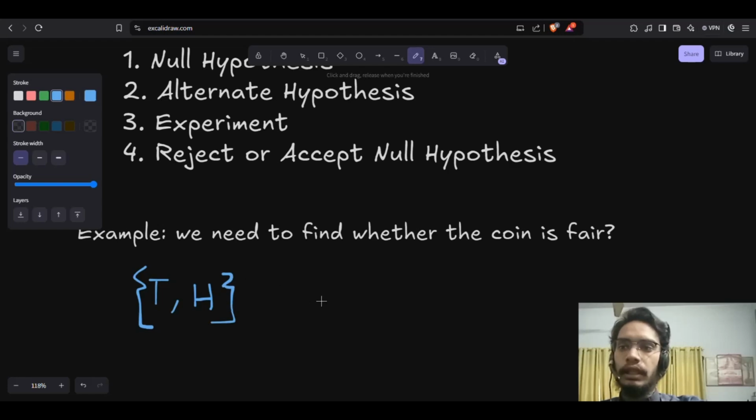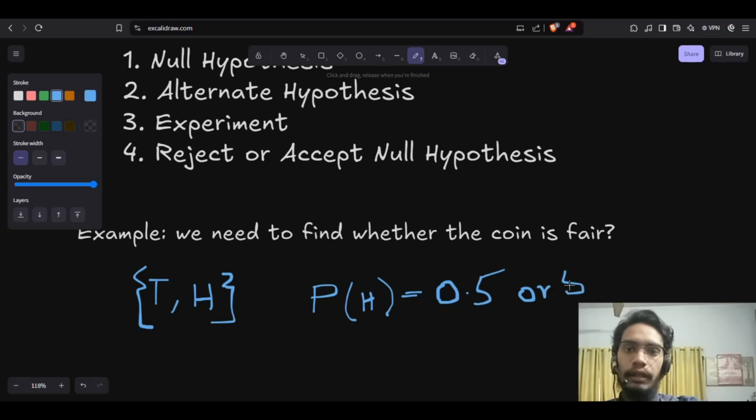Let's say I find the probability of head. If I toss a coin 100 times and I get head 50 times, which means our probability is 0.5 or 50%, then we can easily claim that the coin is fair.